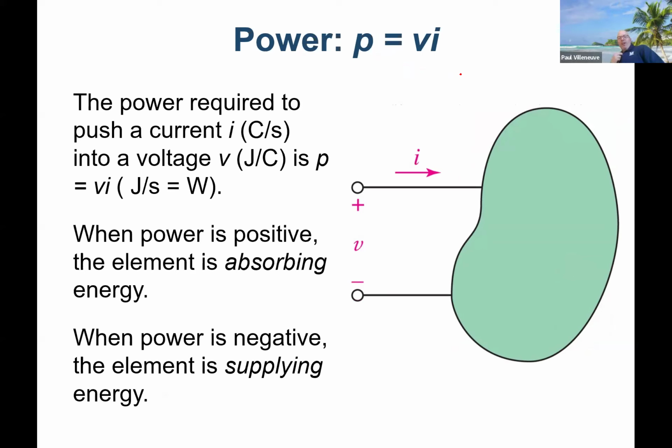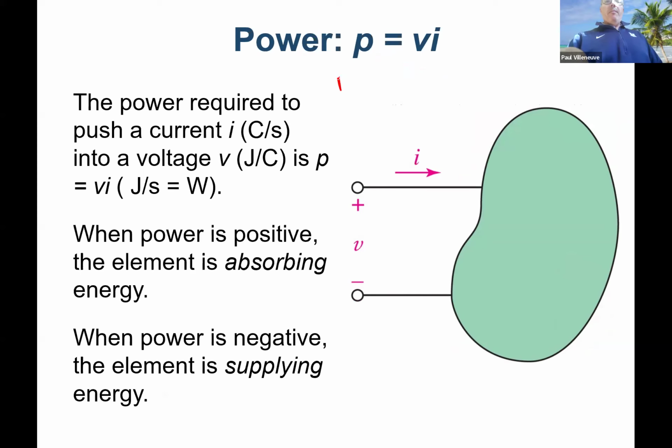Power is the work required to push a current, 1 amp of current, which has the units of coulombs per second, into a voltage, which has the units of joules per coulomb, and its units are watts. So let's check that out.